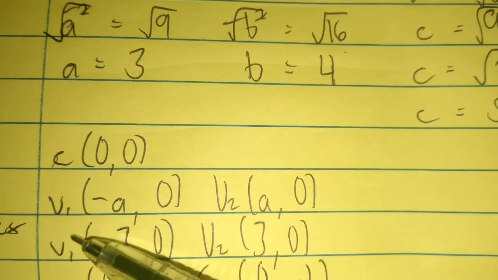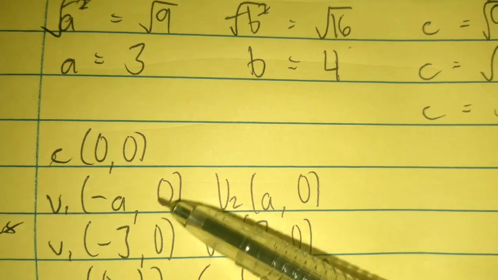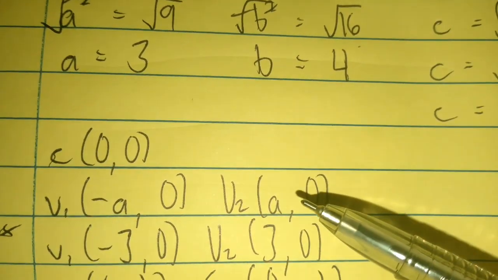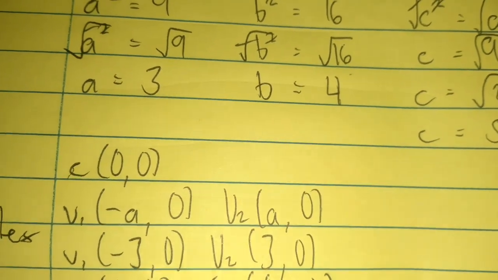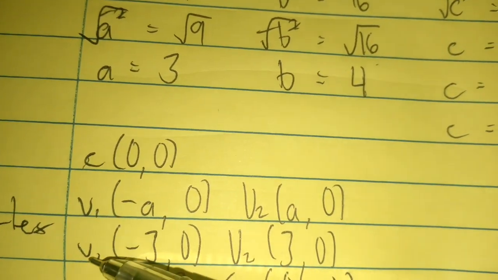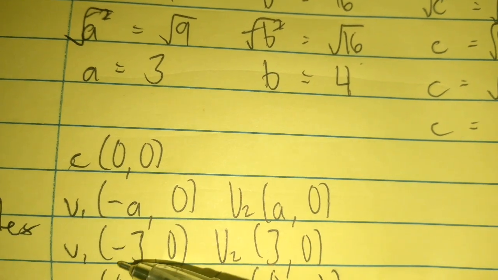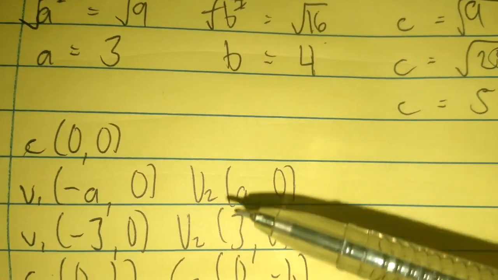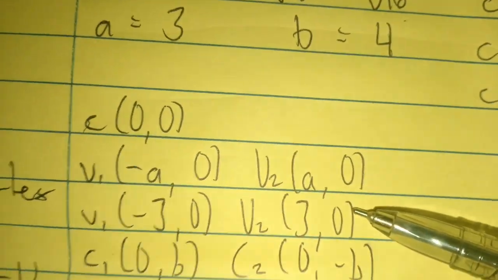Vertex 1 is (negative a, 0) and vertex 2 is (a, 0). Just substitute the value of a, which is 3, then our vertices would be (negative 3, 0) and (3, 0).